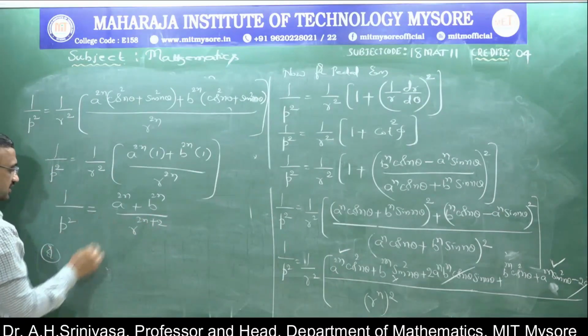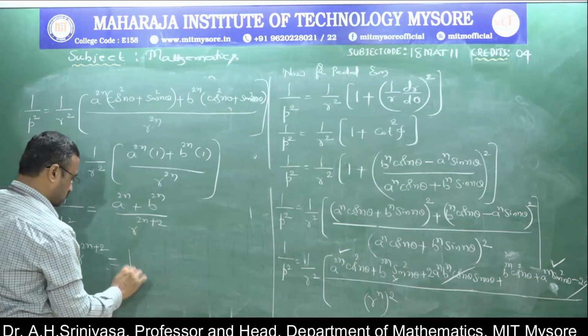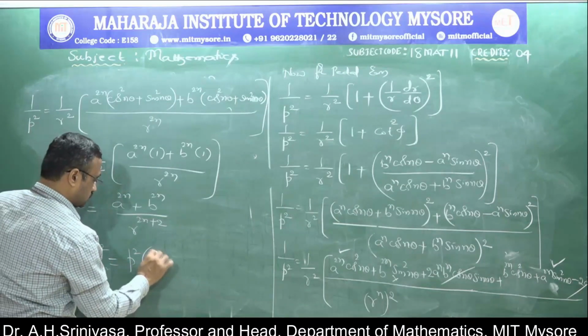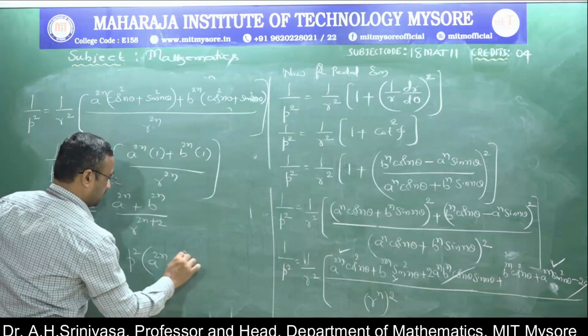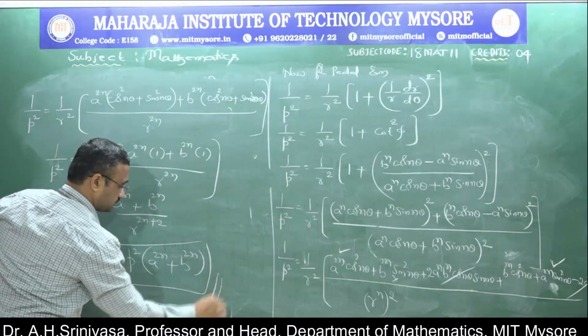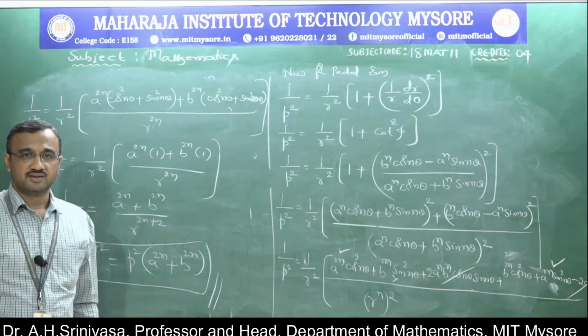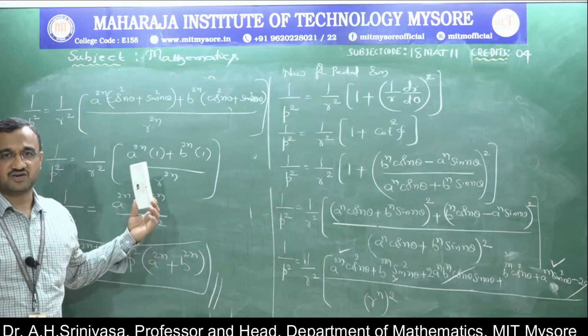Or if you make a cross multiplication, r power 2n plus 2 equals p square into a power 2n plus b power 2n. So this is the required solution for this particular polar curve.